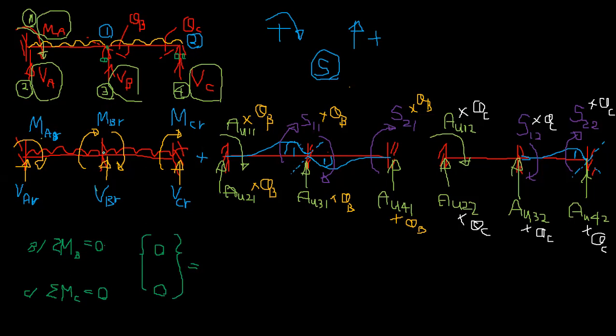So here, what will be the total bending moment? That will be MBR, right? The total bending moment, so that will be this plus this, right? And at C, let's call the total bending moment MCR, right? Now it is fixed and they have some bending moment, right?